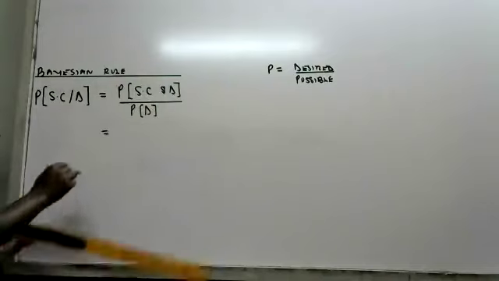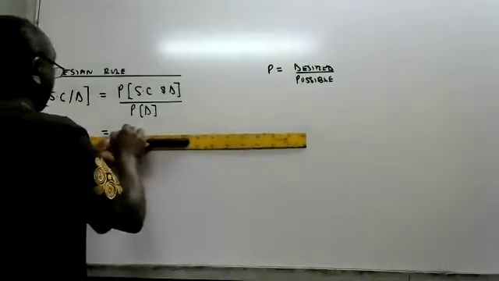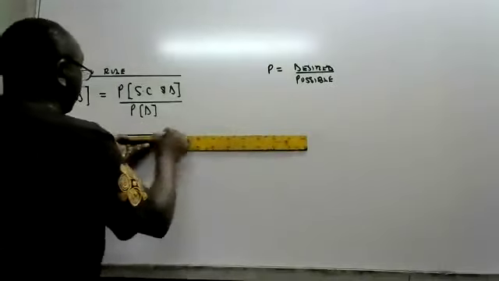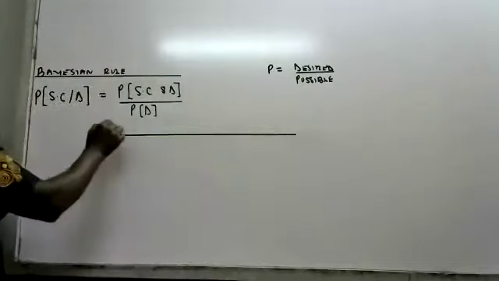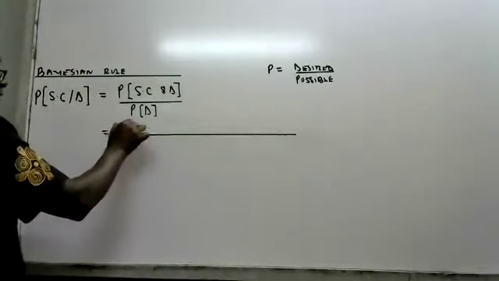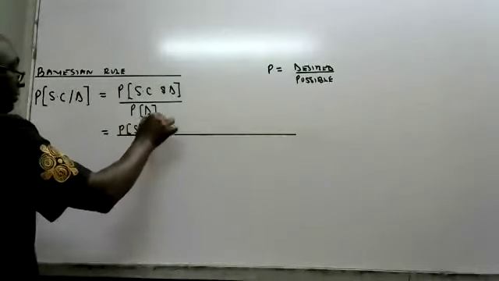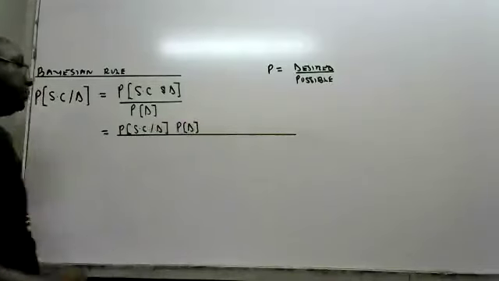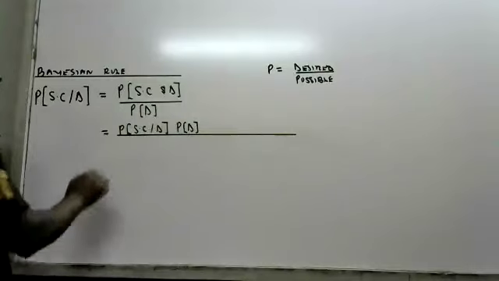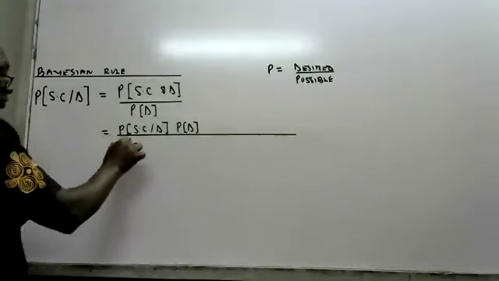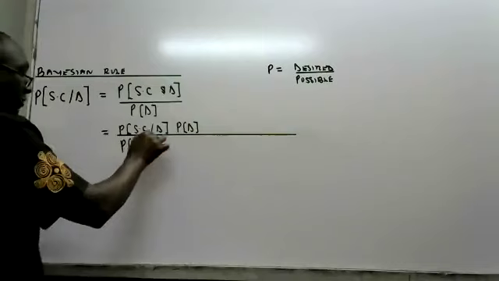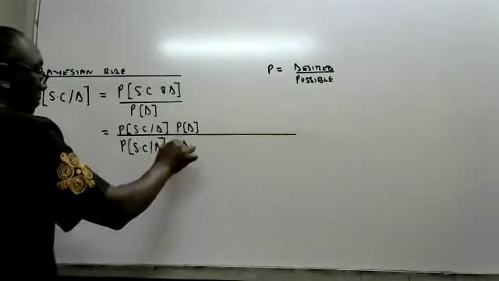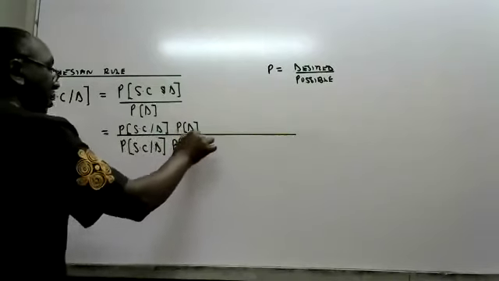Now this one, when it opens up, looks like this. Probability of set correctly given defective multiplied by probability of defective, divided by probability of set correctly given defective multiplied by probability of defective.